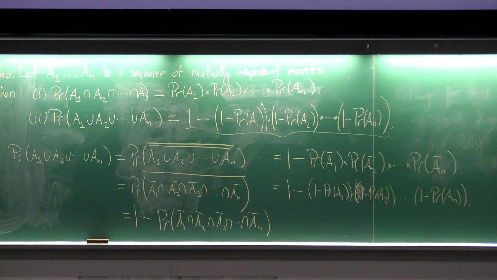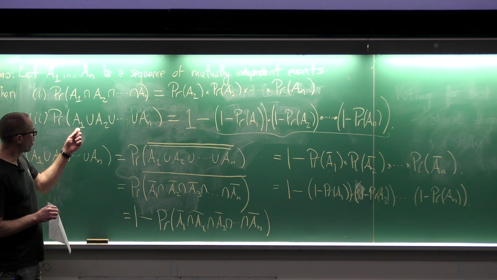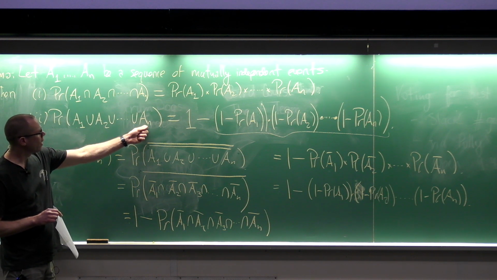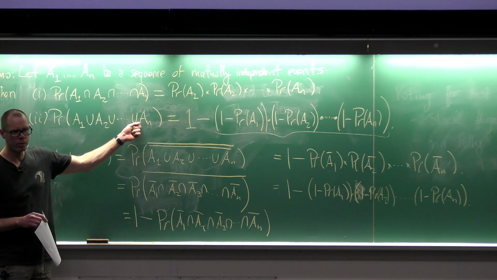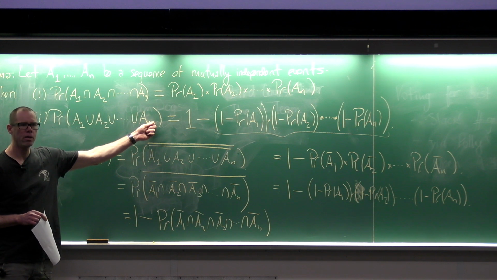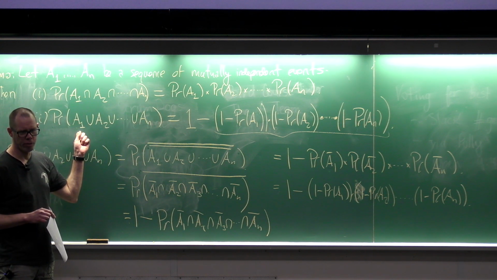The main thing to remember is that A1 or A2 or A3 or up to AN, the way I like to think about it in terms of logic, is true if at least one of these is true, and false only when all of them are false.